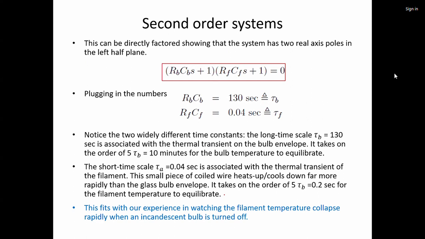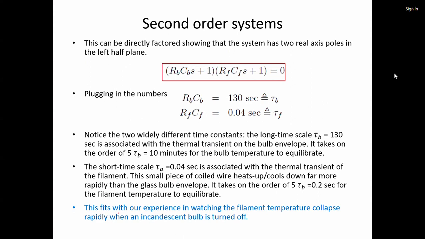And that is something you actually see in daily life, right? The filament, which is red hot because of its very high temperature, almost instantly cools down to a very low temperature because the time constant is so small, and then you do not see radiation coming from the bulb after you switch off.